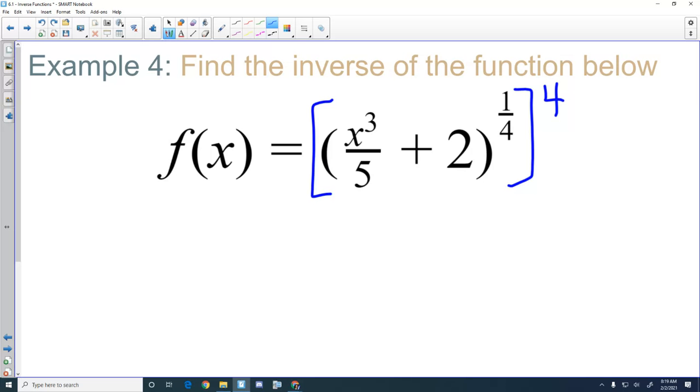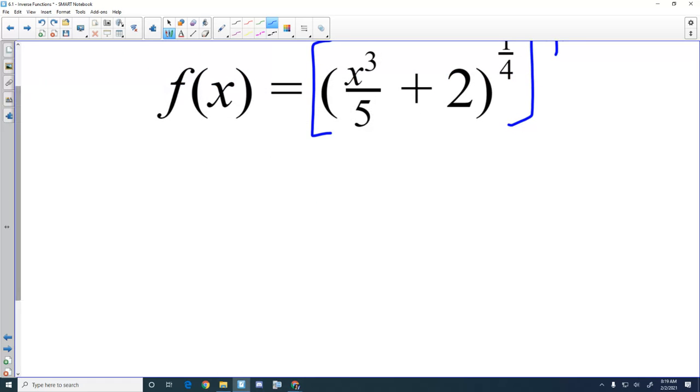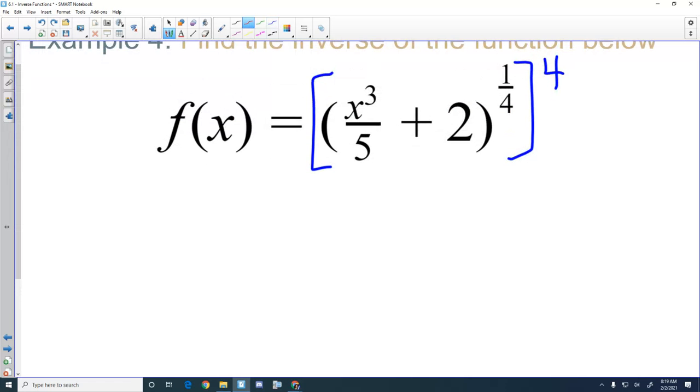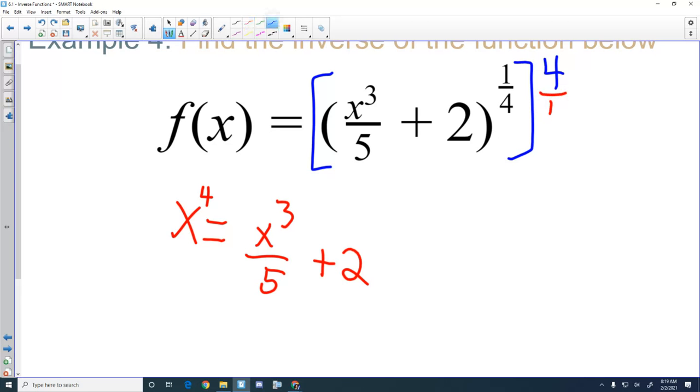So by doing this, oops, I forgot to swap the x's and the y's. My bad. So we have x to the 4th equals x cubed over 5 plus 2. This is technically like being 4 over 1, and so you raise that side to the 4th power. You're raising both sides to the 4th power.